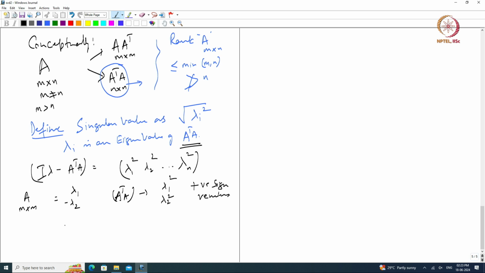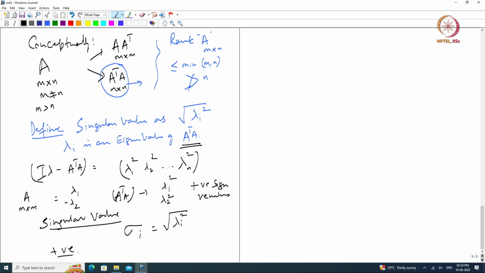So, we define singular value very similarly: sigma i is the square root of lambda i squared. So, this will always be positive. This is one problem with singular values.